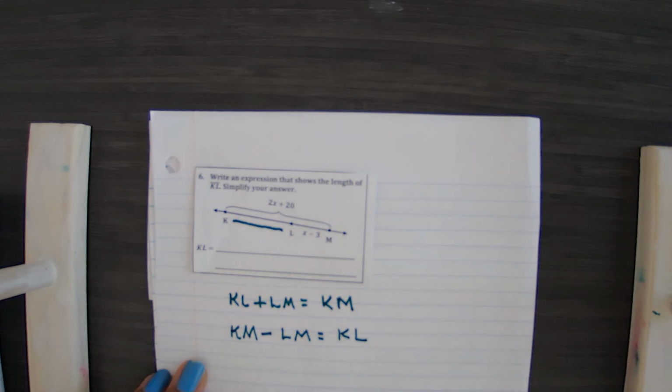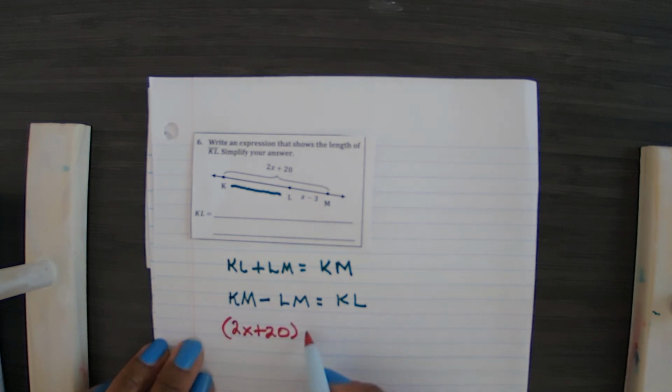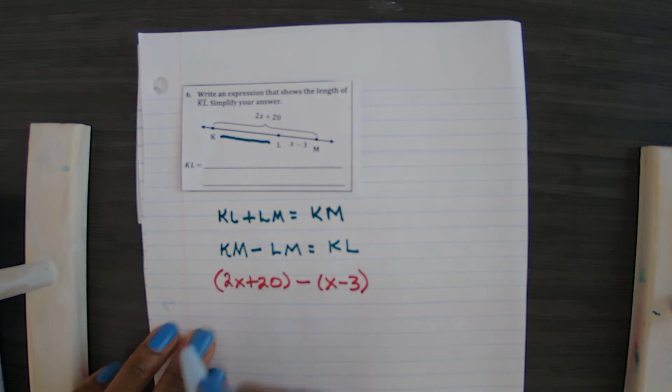Now don't get bogged down into what the letters say or what they mean. You're going to take this total, or this whole, which is 2x plus 20, and you're going to subtract the part, which is x minus 3. Okay? Now, we know that there's an understood 1 here.